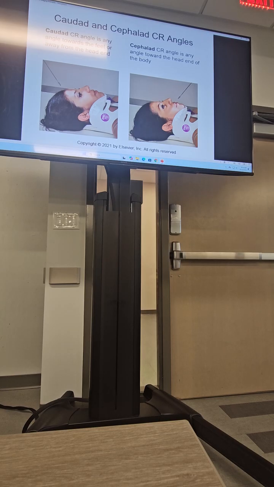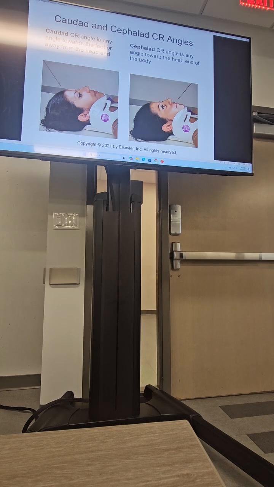But when it comes to the sacrum, the coccyx, and other parts that are angled, in order to be perpendicular to that anatomy, we have to angle the central ray. And there are two ways of angling it. We angle either towards the feet or towards the patient's head.